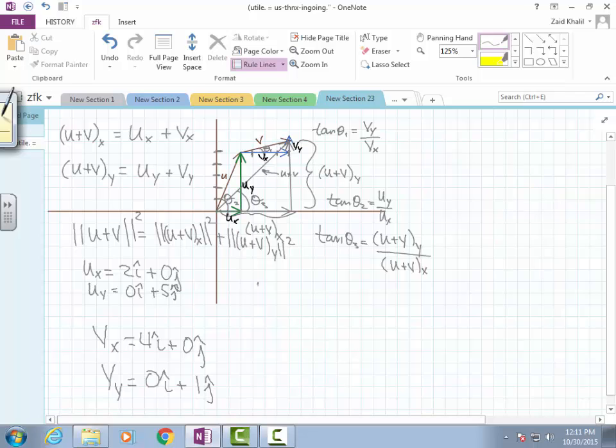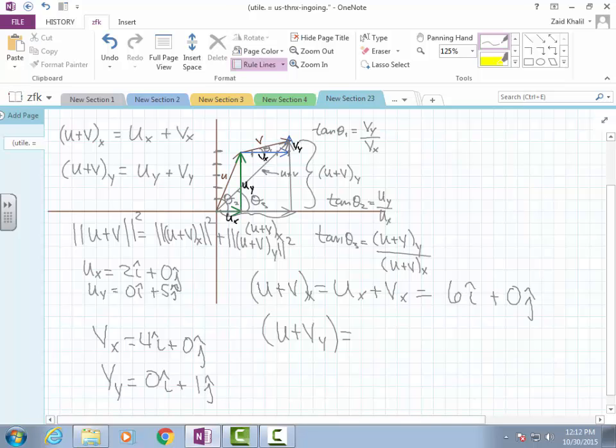U plus Vx is equal to Ux plus Vx. What is that equal to? 6i hat plus. And U plus Vy equals, so it's 0i hat plus 6j hat.